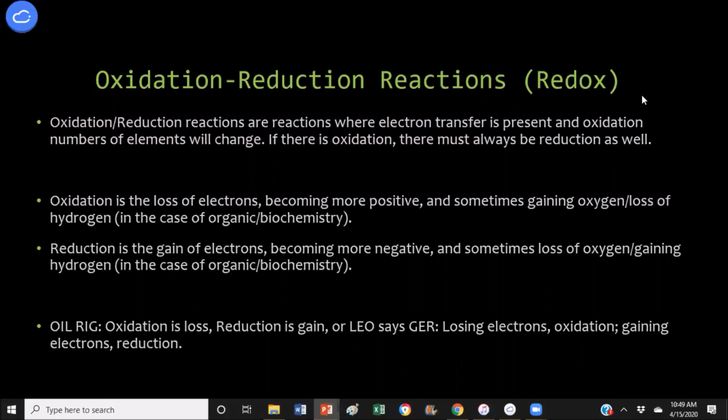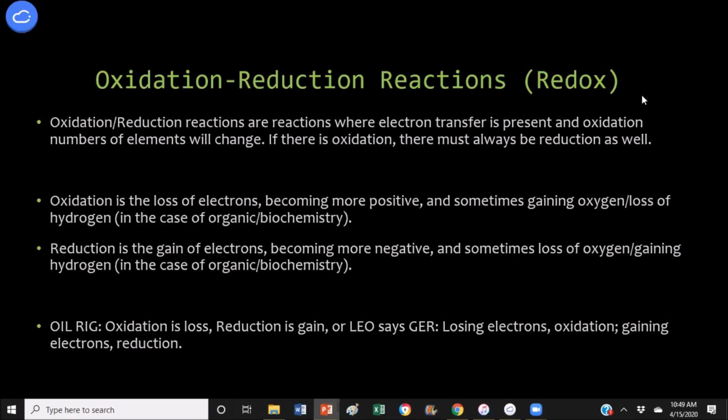Okay. So we kind of saw these before when we looked at aqueous chemistry. Oxidation. So we're doing a redox reaction, but we're going to hit them way more in depth this time around. The big thing here is we're going to see electron transfer in all of these reactions.